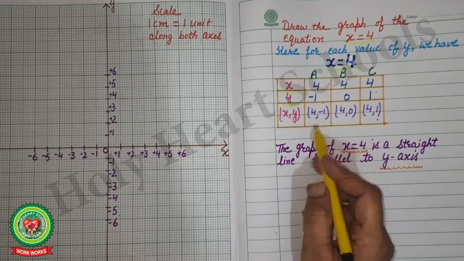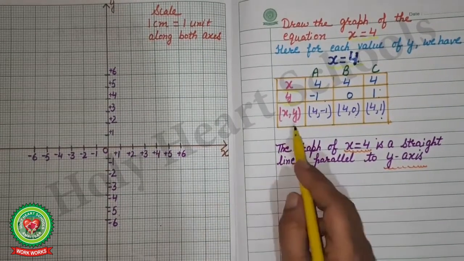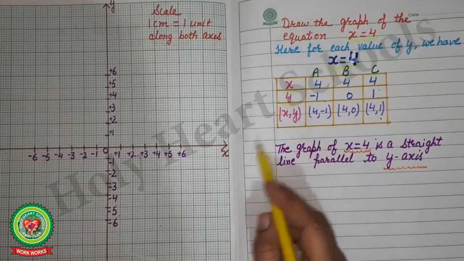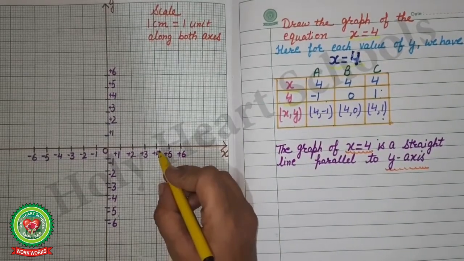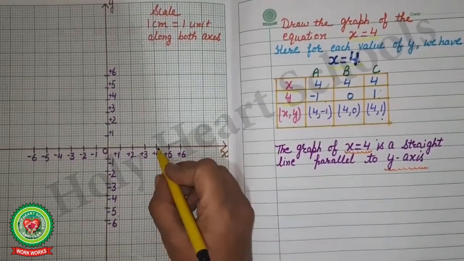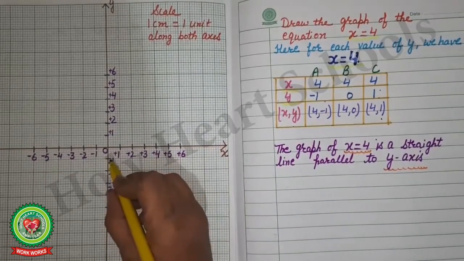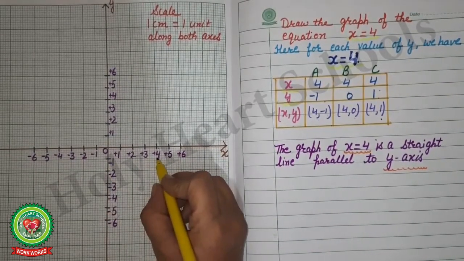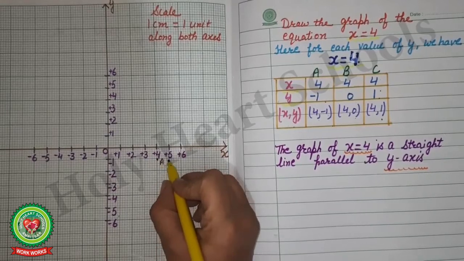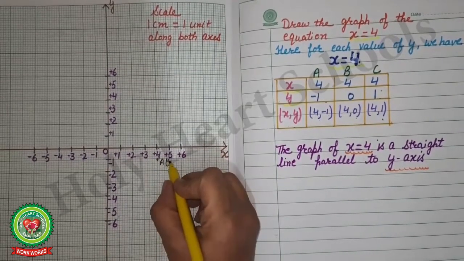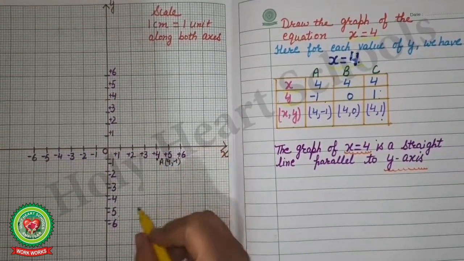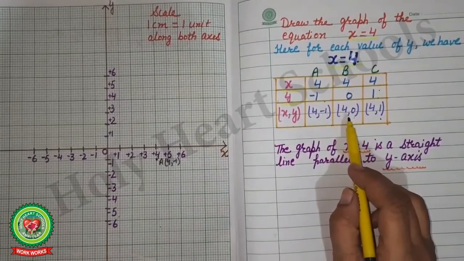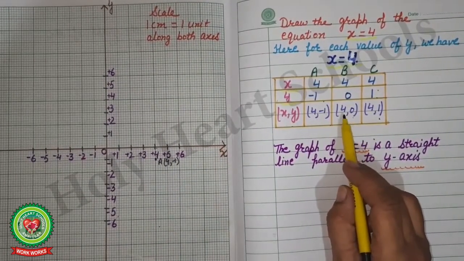It lies in which quadrant? Fourth quadrant. Positive, negative. So 4 units of x and -1 units of y. We will name it A (4, -1).